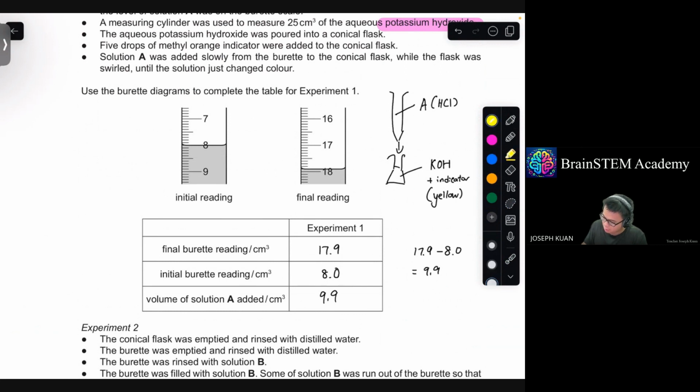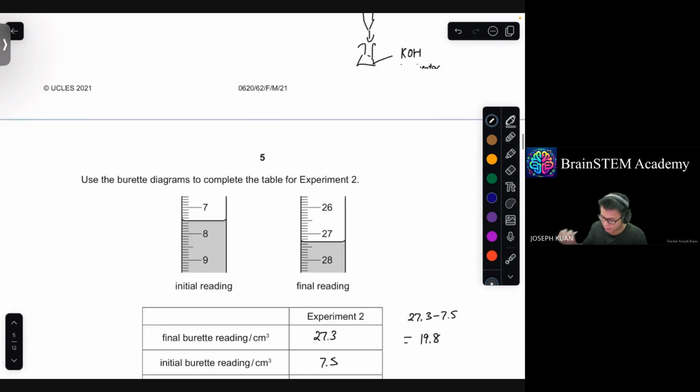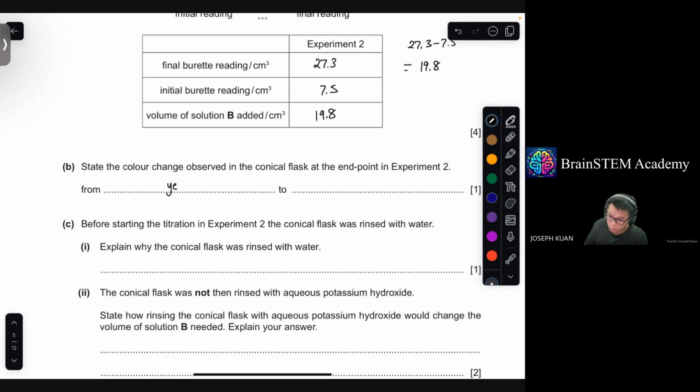Methyl orange is yellow when it's in an alkali medium. And then when it turns neutral, you're doing neutralization in this reaction, it will change to orange. All right, moving on to C.